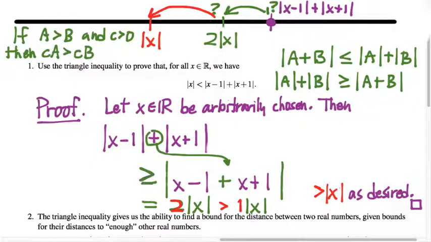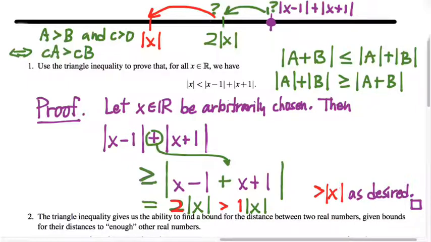Actually, it's an if and only if. Sort of write it like that, right? Because we could trade multiplication for division instead. And so, because 2 is greater than 1, and because the absolute value of x is positive, or non-negative, I should say, right, then that means that 2 absolute value of x is greater than 1 absolute value of x.